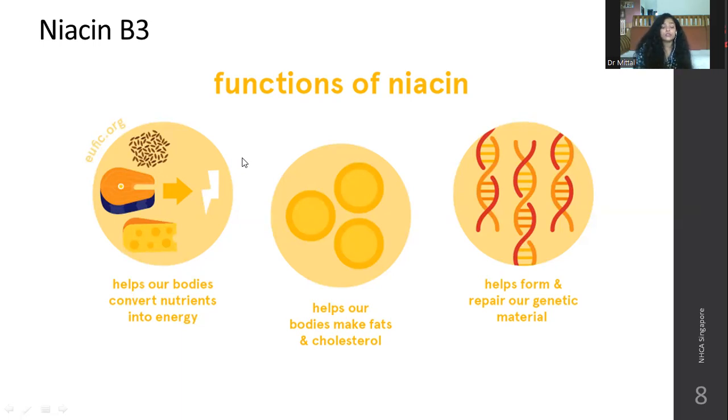So the main functions of niacin: it helps our body to convert nutrients into energy, specifically carbohydrates and also protein and some kinds of fats as well. It helps your body to make fat and cholesterol. Fats and cholesterol are important for your good health, but they have an upper limit.